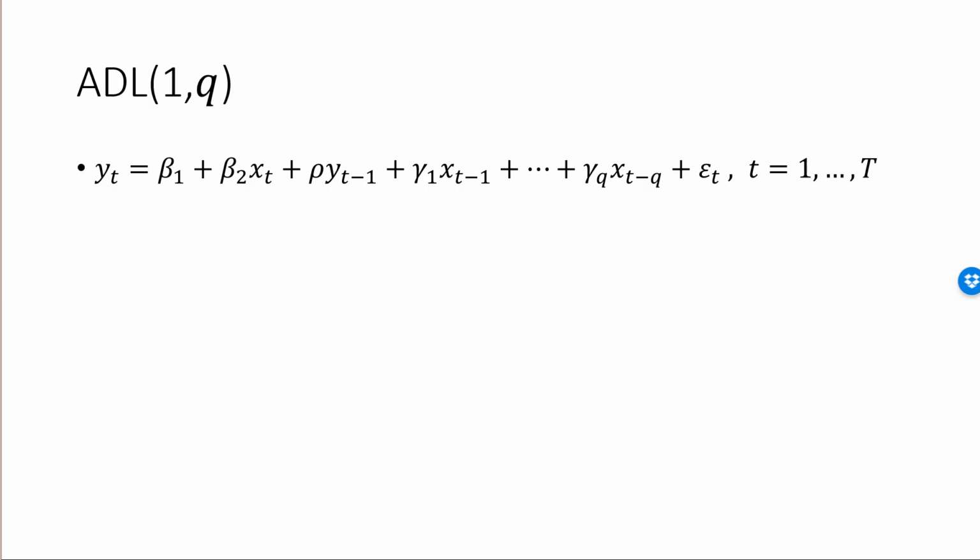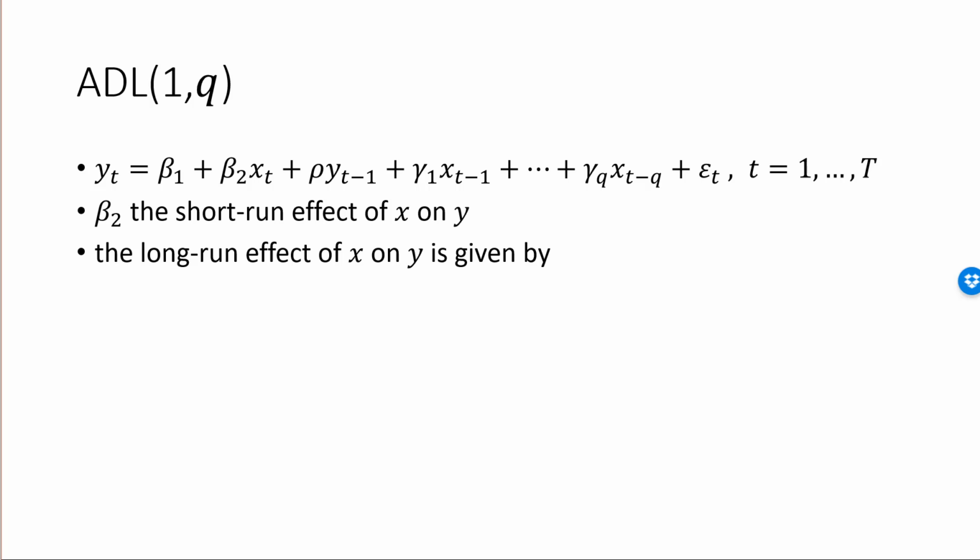Let's write this more carefully. Here is the ADL 1,q model: q lagged x variables, 1 lagged y variable. The short run effect is beta 2. The long run effect is beta 2 plus all the gamma parameters, divided by 1 minus rho. I will stop here at ADL 1,q.